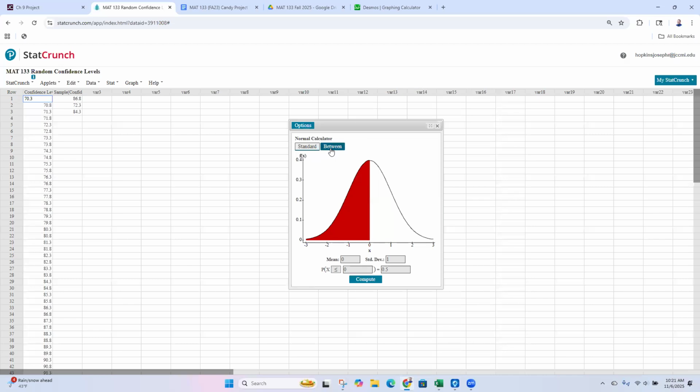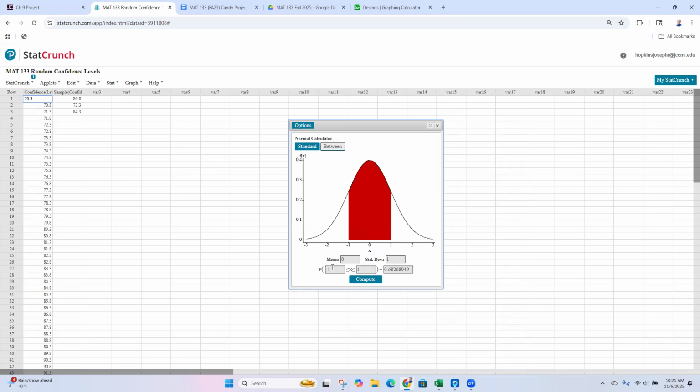Between. Yep, that's correct. For my confidence interval, I'm trying to calculate a lower end and an upper end for my proportion. That's why I'm doing a between, because I need a lower end and an upper end. So it's in between two numbers. Confidence interval is our final answer. Our result is going to be two numbers, a low end and a high end. So my mean is 0 and 1 because it is a z value, so we're going to leave those alone.